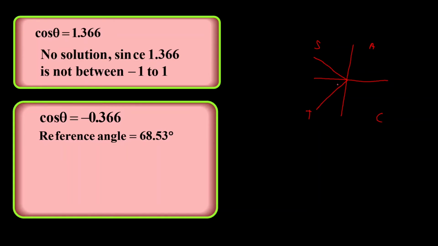So I want my cos to be negative. My reference line this time is going to be this 180 degrees, since they want it in degrees, and my reference angle will be here, 68.53, and over here 68.53. So I have two reference angles there, because I have cos negative.